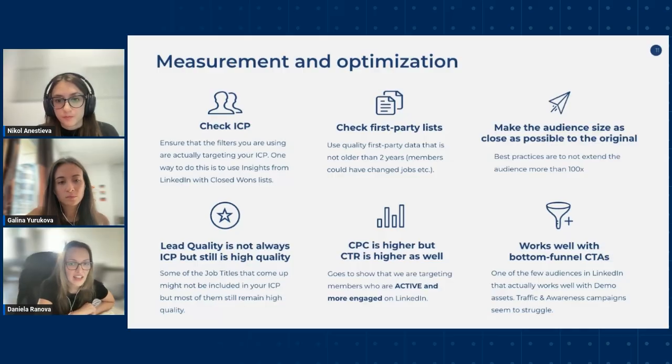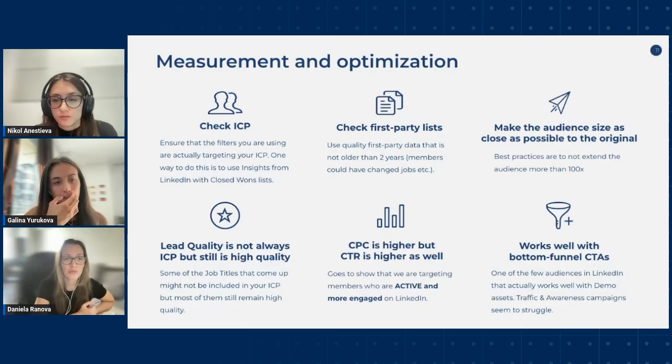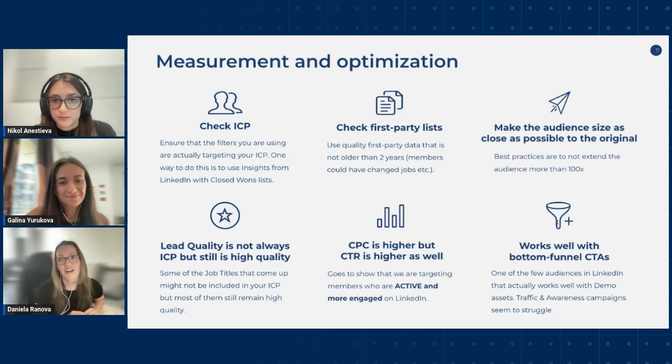The second thing is your first party lists. We have used up to 2 years because we want to make sure that the data is as relevant as possible. Of course, the more data, the better. However, we need to make sure that it is relevant, and we don't want to chase someone who was the ICP 3 or 5 years ago. So we want to make sure that everything is up to date.